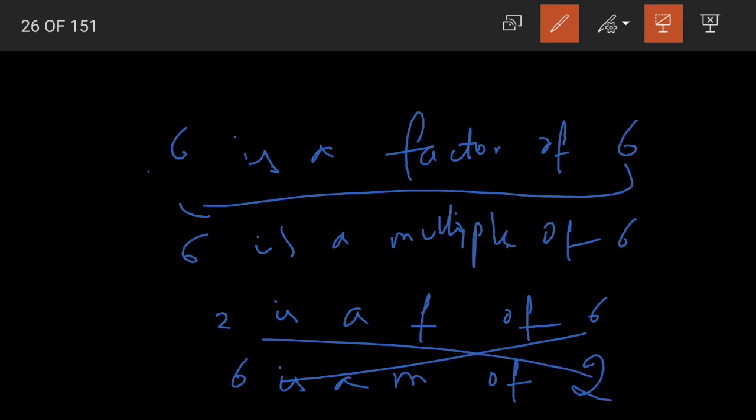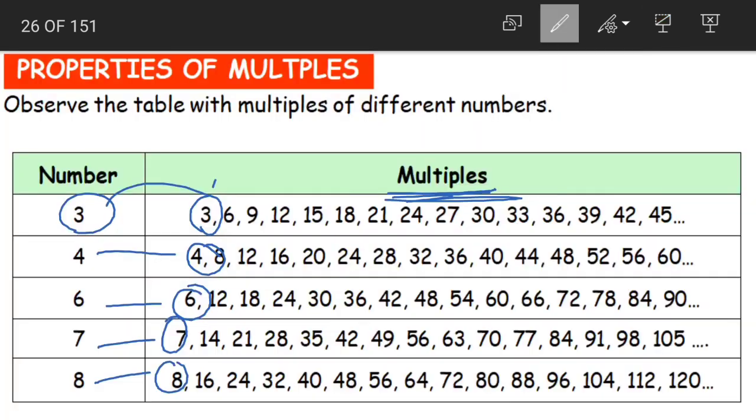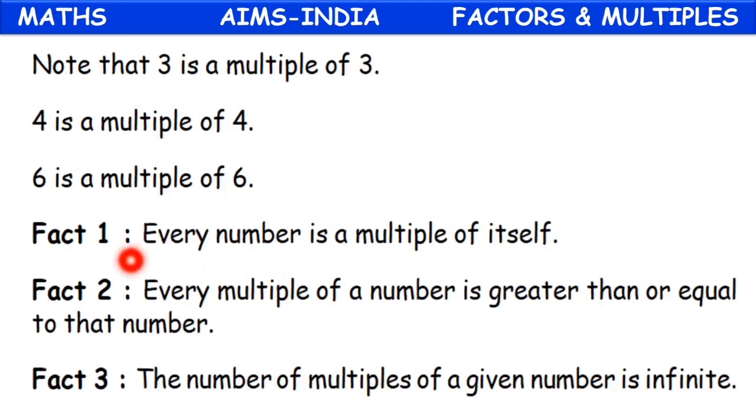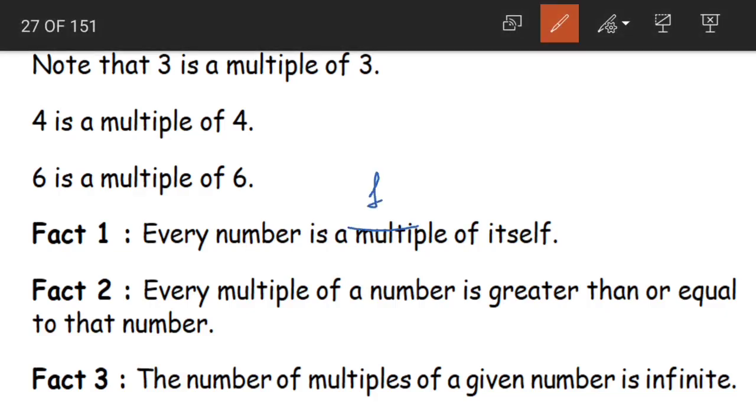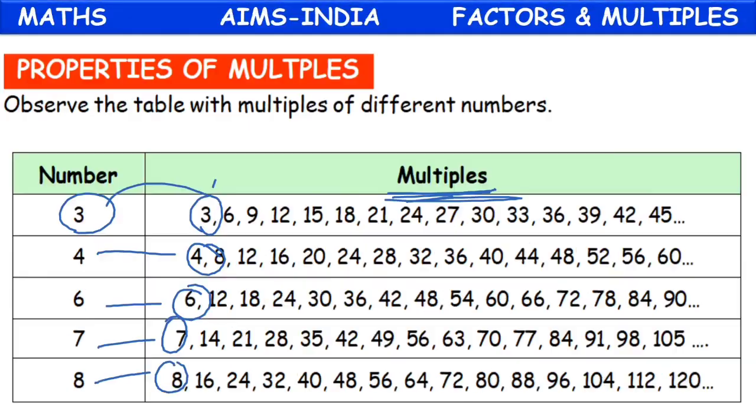In the same way, when we say 6 is a factor of 6, 6 is a multiple of 6, children. So what can we understand from this? That every number is a multiple of itself. Just like factors, where every number is a factor of itself. So every number is also a multiple of itself.